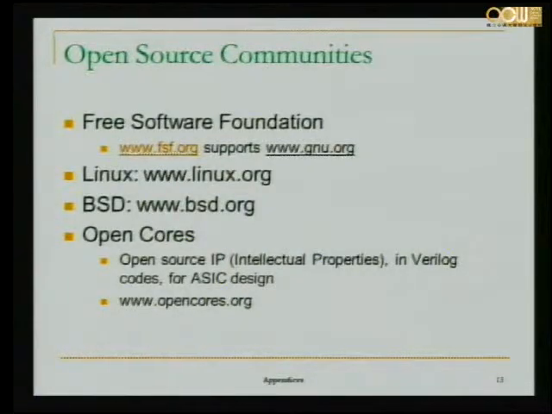Actually, we draw some of the IP, some of the hardware designs, into this book, including crypto, encryption, and also the CSMA/CD Ethernet. The Ethernet controller has an open source package on this website, and we are going to describe it in chapter 3.